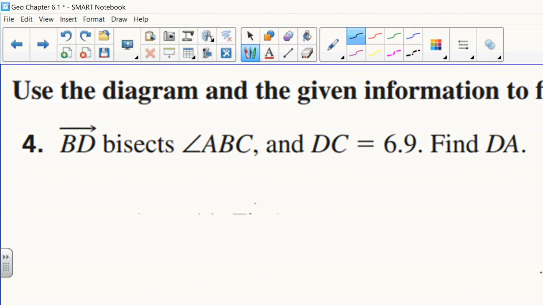So let's look at this first. Guys, use the information. So we're told that BD bisects angle ABC. And since it bisects this angle, it's going to cut it in half. These 2 angles are going to be congruent to each other. So since we have an angle bisected, and these angles are both right angles, it means that these 2 line segments are going to be congruent to each other.